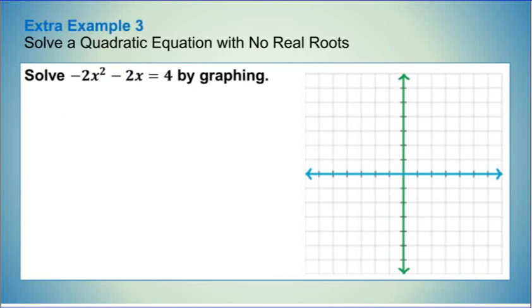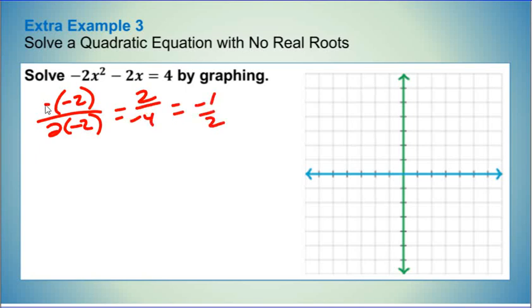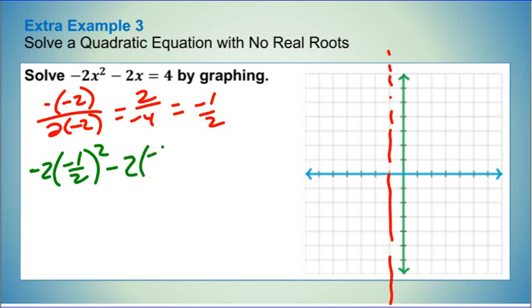Next, try this one. So I have -2 divided by 2 times -2, which will give us 2 on top and -4 on the bottom. That gives us -1/2. Again, I'm going to count by negative halves. So this one would be -1/2. I put -1/2 in, so -2 times -1/2 squared minus 2 times -1/2.